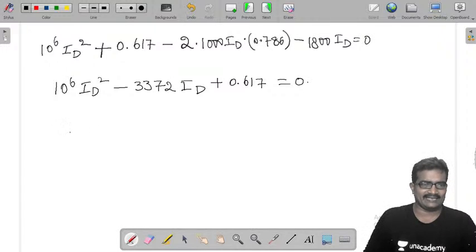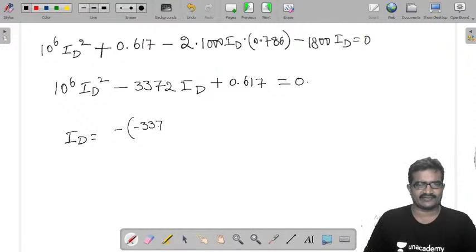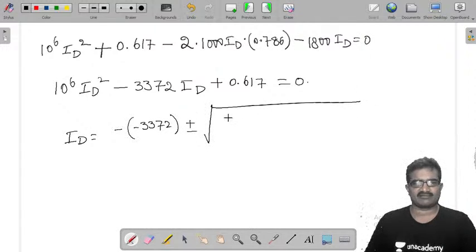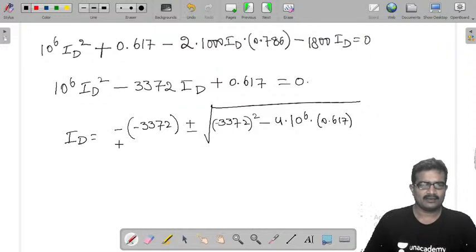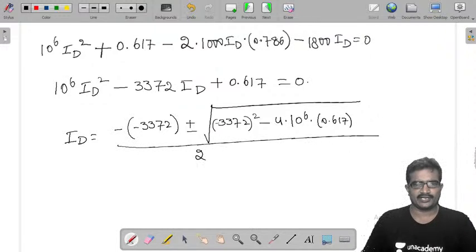Okay, now the ID value is minus b, that means minus of minus 3372, plus or minus square root of b square, 3372 whole square, minus 4ac, where c is 0.617, by 2a, 2 into 10 power 6.